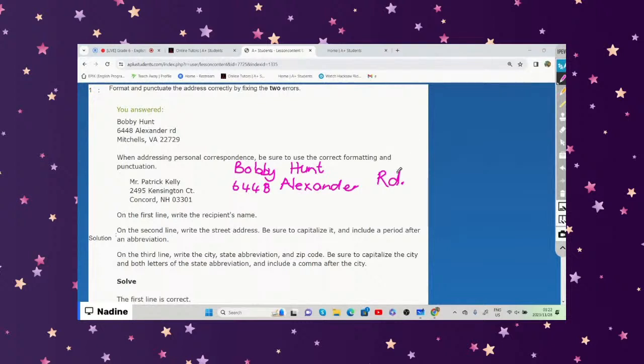Then we write the city, which is Mitchell's, for example, followed by a comma, VA, which is capitalized, and the zip code, which is, for example, 22729.